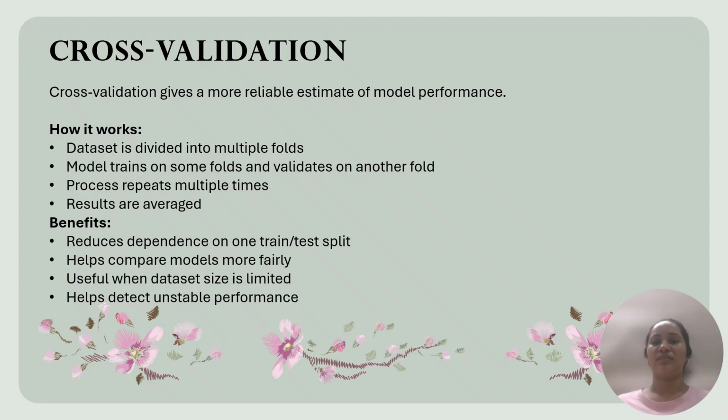Finally, cross-validation helps detect unstable model performance by revealing whether results vary significantly across different folds. Overall, cross-validation provides a more trustworthy measure of model performance and helps data scientists make better decisions when selecting and tuning machine learning models.